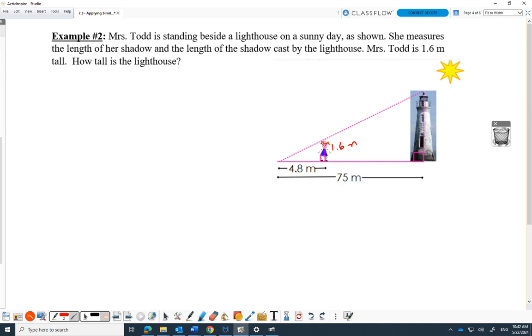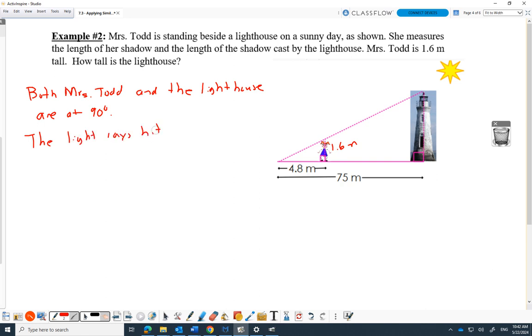I'll write that in words instead of the fancy language that time. Both Mrs. Todd and the lighthouse are at 90 degrees. The light rays hit the ground at the same angle.